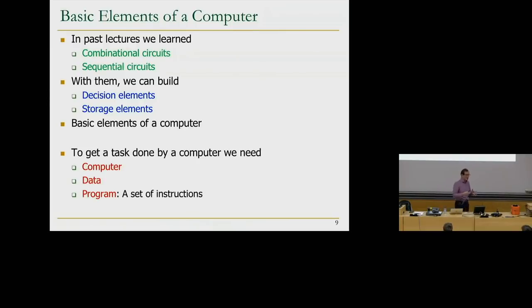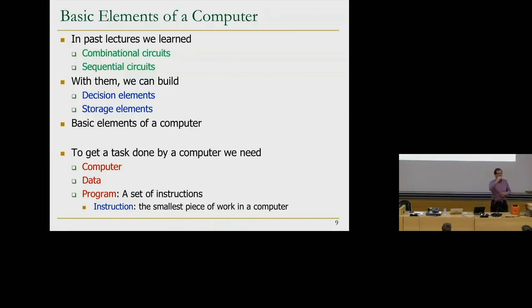So program is more formally a set of instructions to complete a task, and the instruction is the smallest piece of work that's done in a computer, at least from the programmer's perspective. If you go to the hardware designer's perspective, of course, there's a lot of pieces of work. A NOT gate, it does a piece of work, right? But from the programmer's perspective, it's really the instruction.